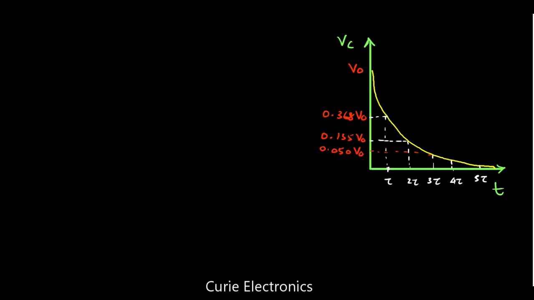So like that, at 5 tau what happens? 5 tau it reduces to 0.007 times of V0. That means for all practical applications what we do, this 5 time constant, we will take it as Vc equal to 0. So after 5 time constants, the capacitor doesn't have any current to supply during discharge.